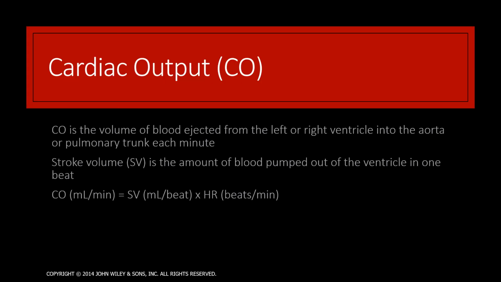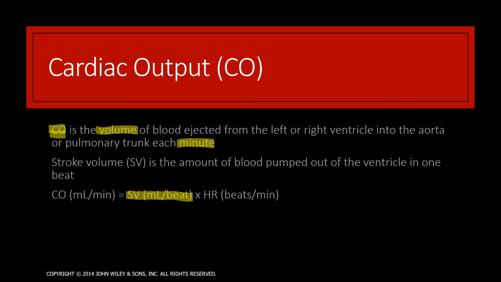So cardiac output, abbreviated just CO, is the volume of blood that's pumped out from the left ventricle or right ventricle into the aorta or pulmonary trunk every minute. So cardiac output is going to equal the stroke volume.